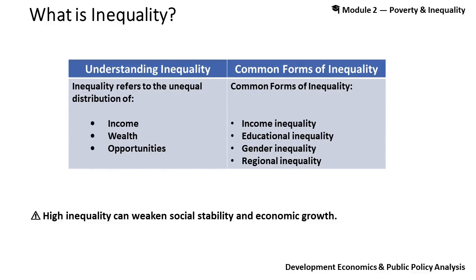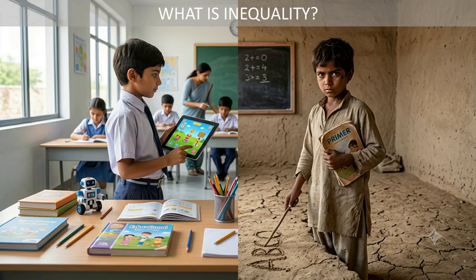What is inequality? Poverty and inequality are related but different concepts. Poverty focuses on deprivation. Inequality focuses on differences among people. Inequality refers to unequal distribution of income, wealth, opportunities, and resources within a society. Several forms of inequality exist. Income inequality occurs when earnings are distributed unevenly.